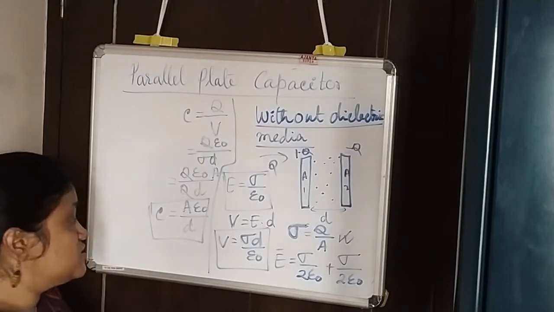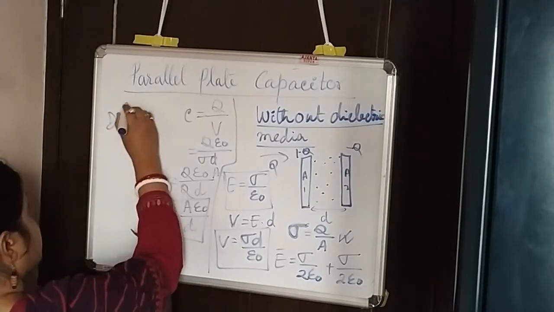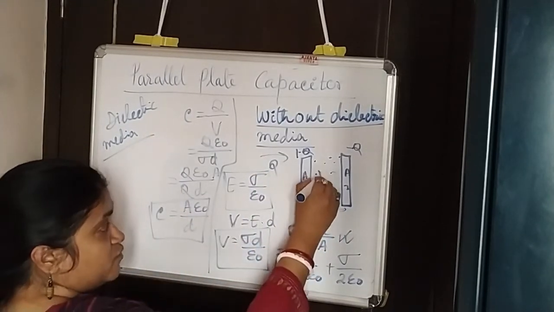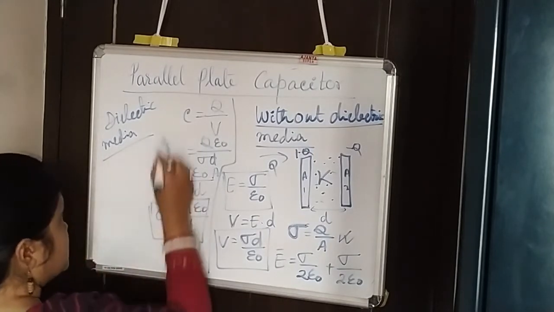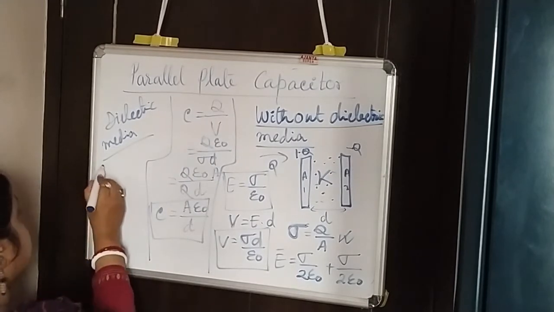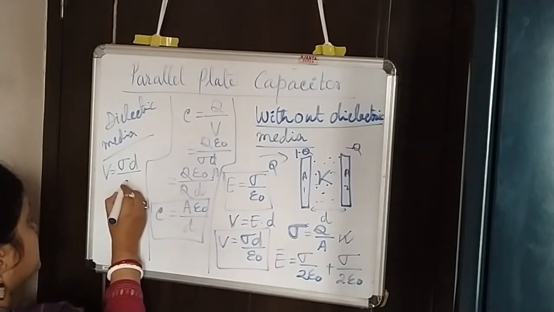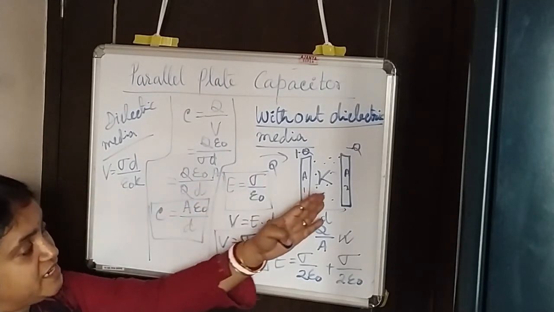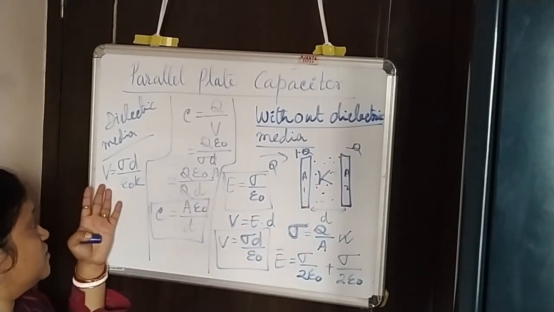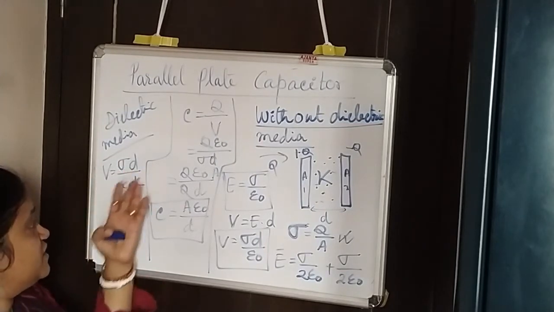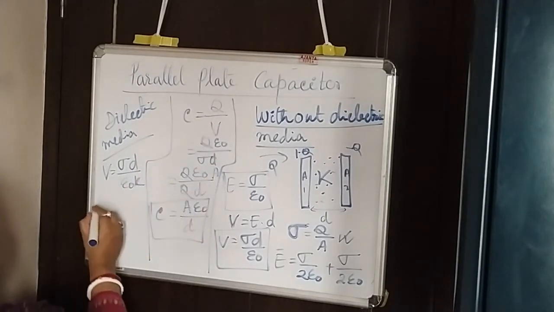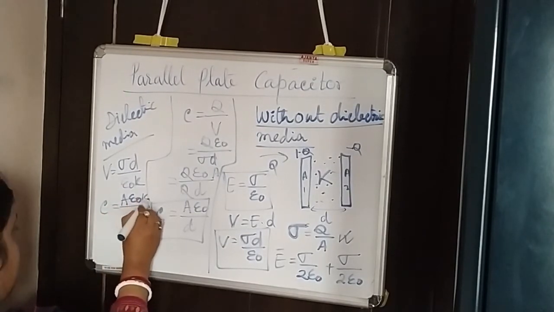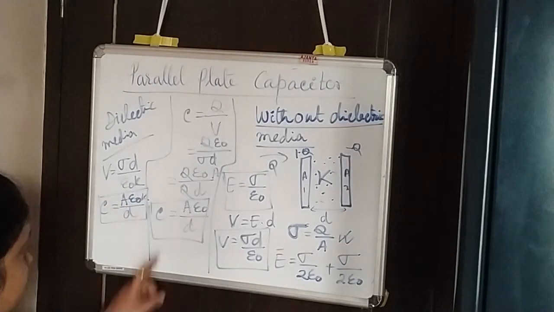Now suppose a dielectric medium with dielectric constant K is inserted. Then V becomes sigma d by epsilon naught K. Since K equals 1 for air, it was 1 in this place, but as we have taken the dielectric constant of the material as K, the potential would be sigma d by epsilon naught K. And finally, on substituting, we find the capacitance would be A epsilon naught K by d.